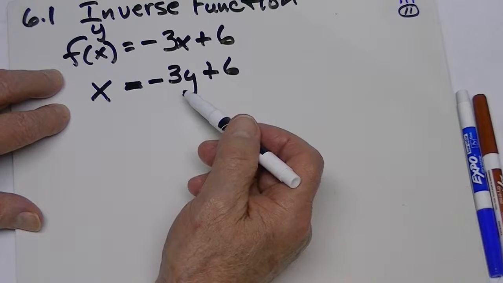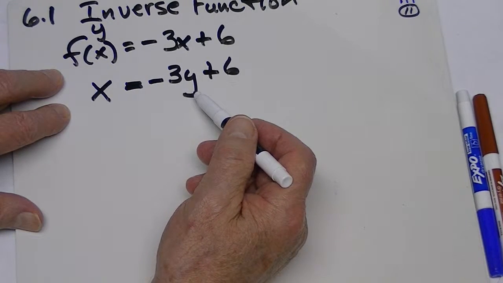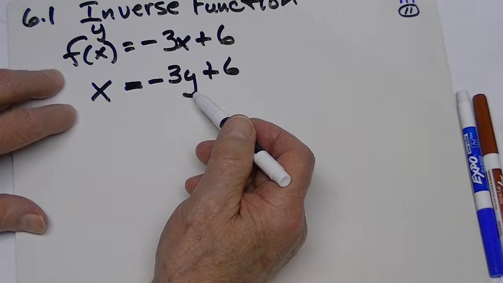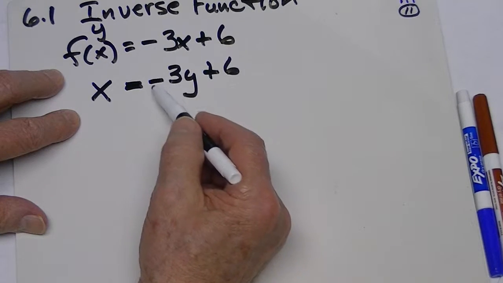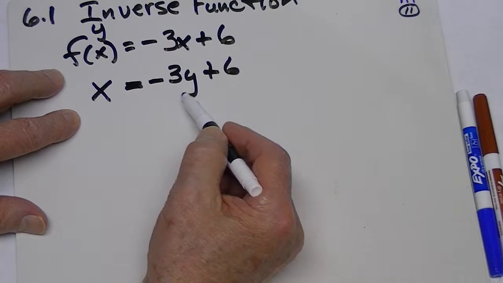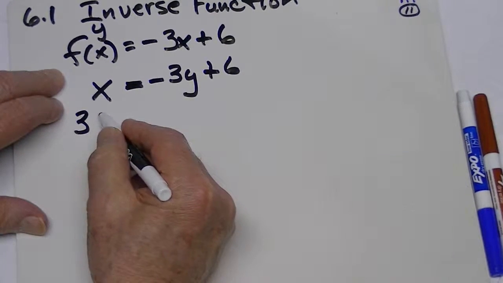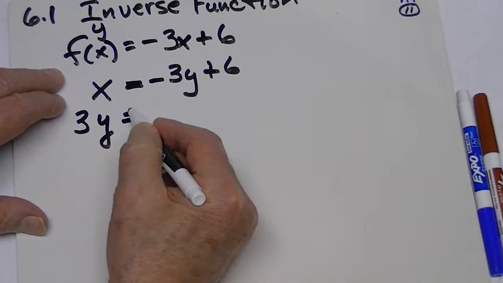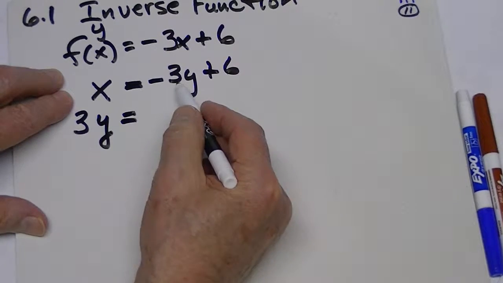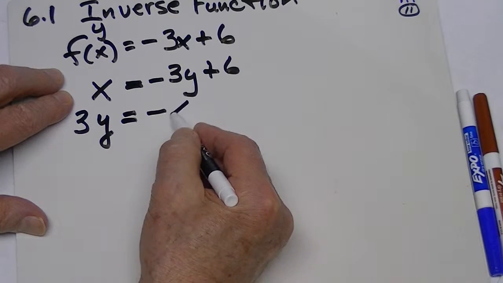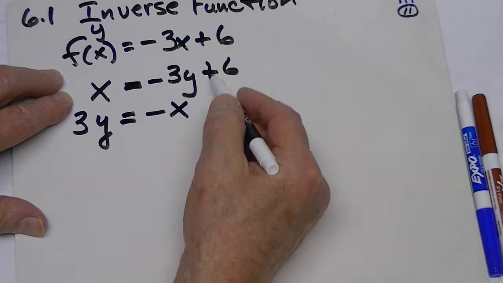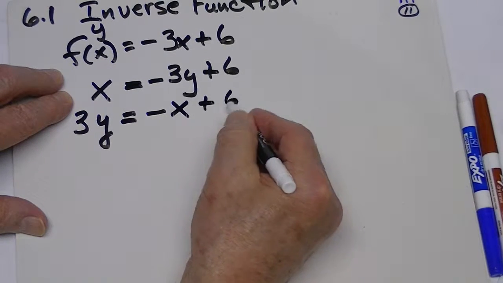Now we solve for y, and perhaps the easiest way is to take this negative 3y, bring it over to this side, and that becomes a positive 3y. Bring our x over to this side, this becomes a negative x, and we still have our 6 there.